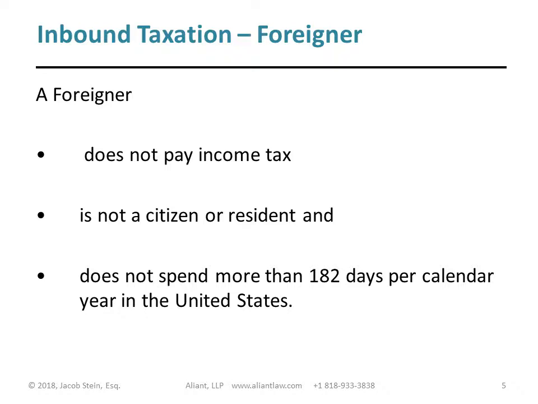So, for example, if a foreigner is present in the United States for 183 days during a calendar year, they are a U.S. taxpayer. They don't have a permanent visa. They are not a citizen. They have no intention of staying in the United States for a long time. But if you've spent 183 days or more in the United States during a calendar year, in that calendar year, you are a U.S. taxpayer.